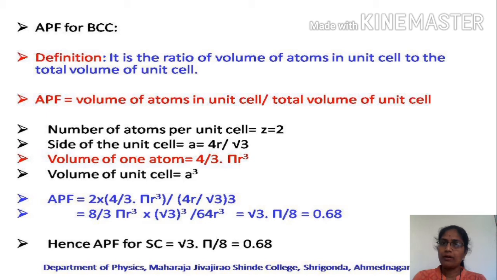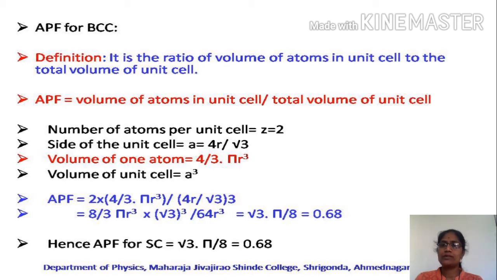The formula and the procedure to calculate atomic packing factor will remain the same for BCC also. The formula is the same, that is the ratio of the volume of atoms in the unit cell to the total volume of the unit cell. Again, the volume of atoms in the unit cell can be calculated by multiplying Z into 4 by 3 pi r cube.